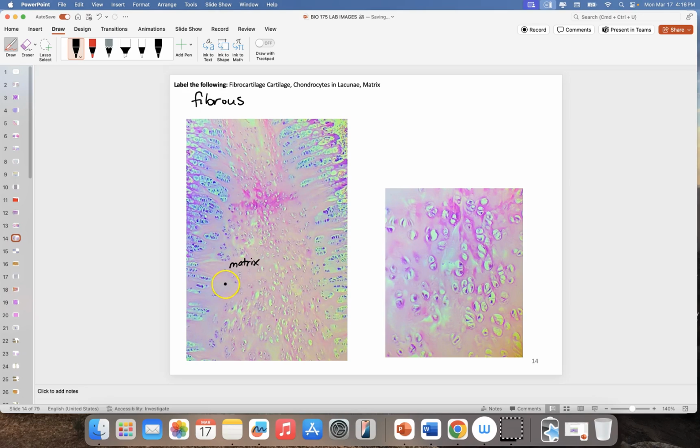And that gives the tissue a fibrous-like appearance. Unlike in hyaline cartilage, where the collagen fibers don't stain very well, you can't really see them. In fibrocartilage, it looks fibrous because you can see the collagen fibers. And again, I think they kind of look like they're painted on or in the matrix.